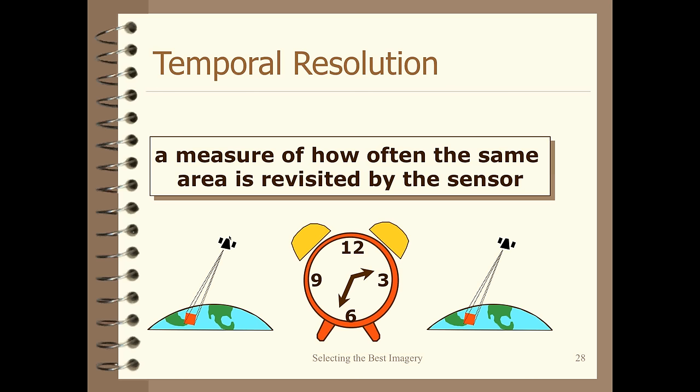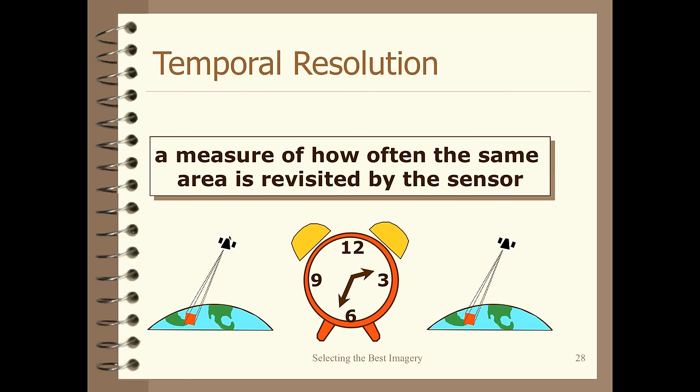So if I've got a flood situation or some dramatic event going on, I can get imagery as often as I need it. If I have my sensor in a satellite, I only get that data when the satellite passes overhead. And so some satellites are vertical satellites. They only point straight down. For instance, Landsat. Landsat is set so that it only looks straight down, and it passes over the same place.